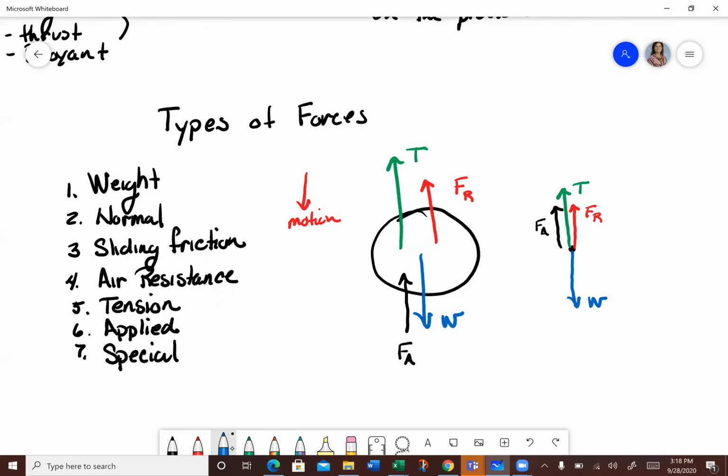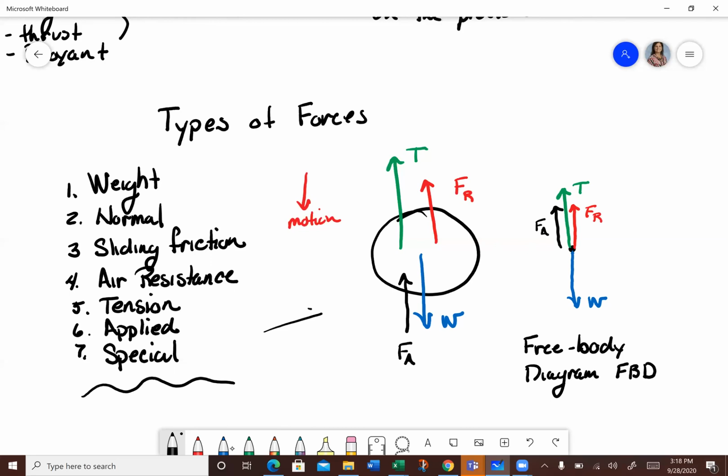And this would be considered your free body diagram, often called FBD. So again, you ask yourself what forces are present, yes or no, you put them into your picture, you clean up the picture and draw a final one with all forces originating from what you might think of as the center of gravity of the object.